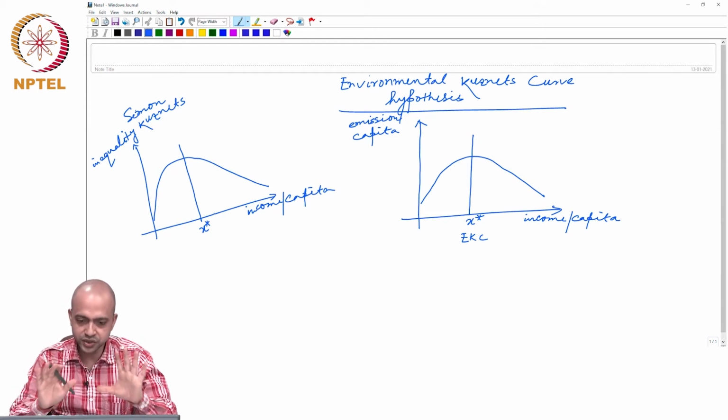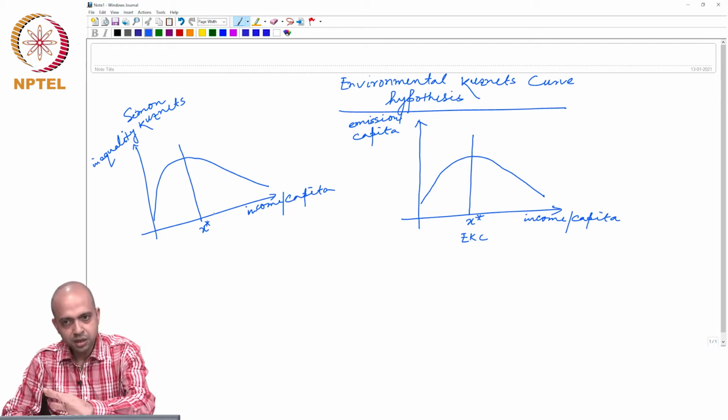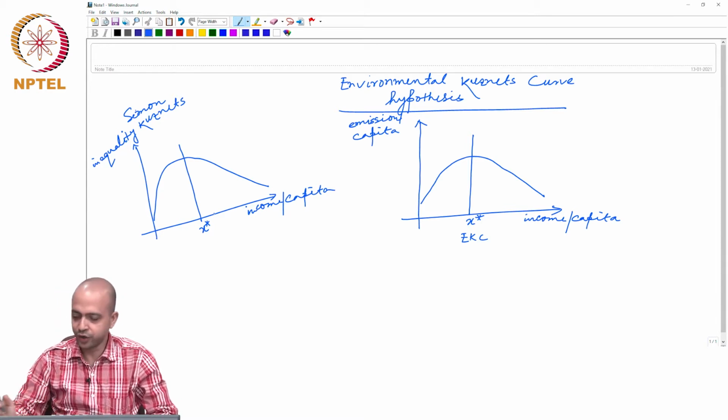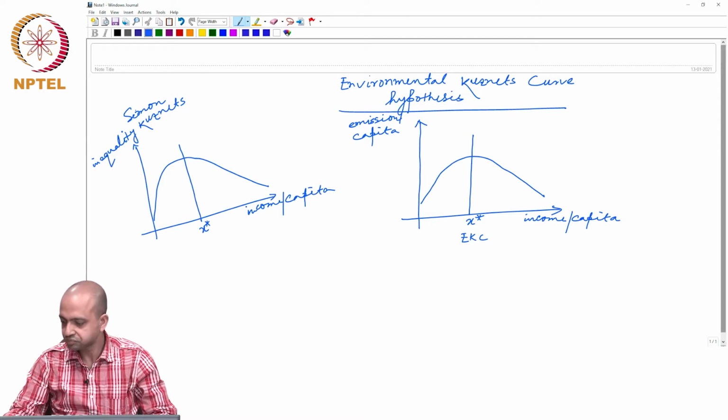Now, what we need to understand first is why does it happen? That means, what are the explanations for the environmental Kuznets curve to persist?